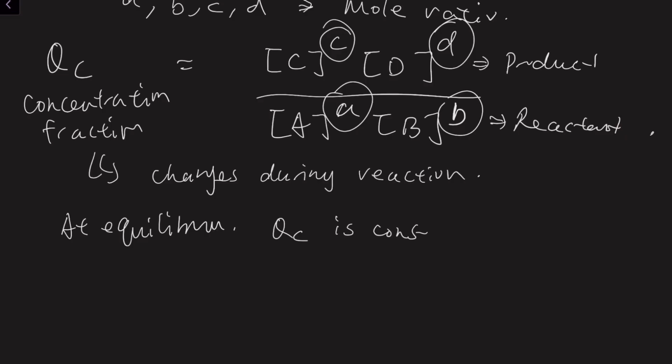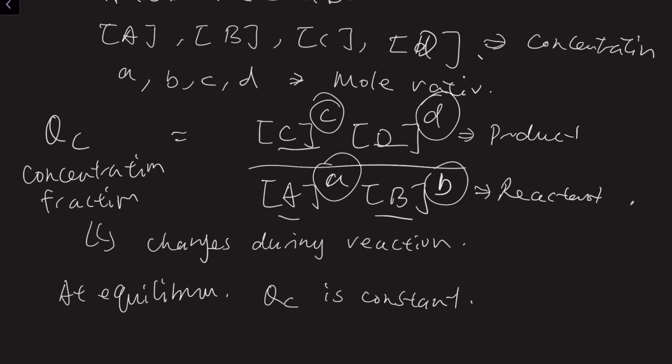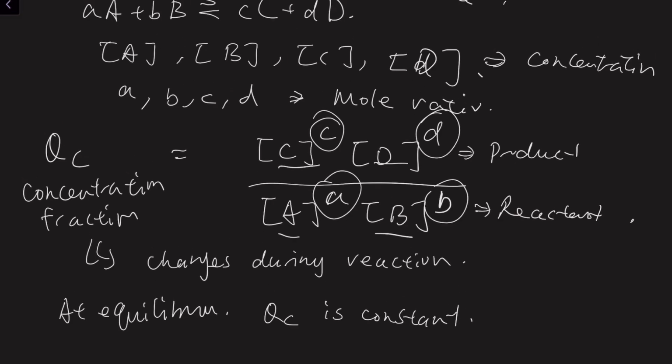By definition, at equilibrium, we are not forming any product, nor are we forming any reactant overall. Although in the individual reactions we are forming product and reactant, overall we are not forming any of them. So if the concentrations are not changing, and we know the exponents are just the mole ratios, it should be constant regardless of the concentration. So Qc, the concentration fraction, should be constant.